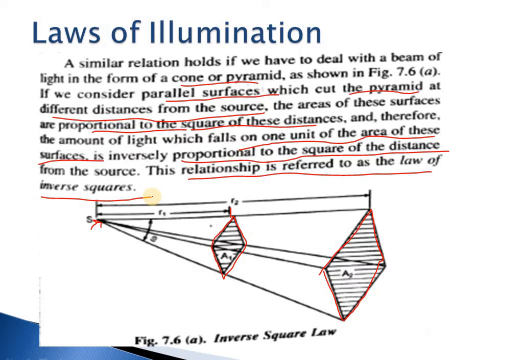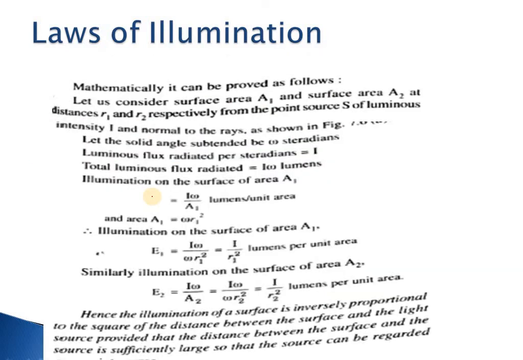In both cases, we can see that the light emission will be inversely proportional to the distance squared. So, this relationship is basically referred to as the law of inverse squares. Okay. Our law of inverse square, now we will illustrate it by mathematical calculation.